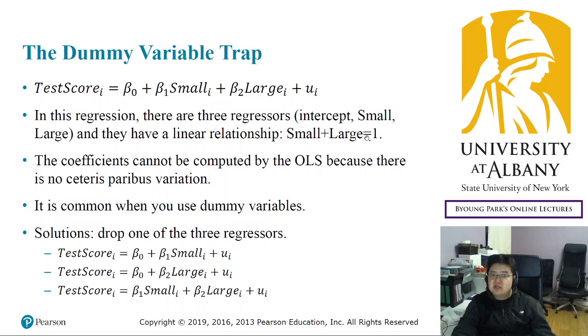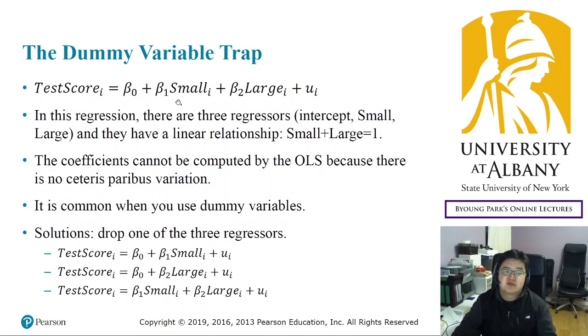So the intercept is also one of the reasons you have the trouble. And as I said, beta 0, beta 1, beta 2 cannot be computed by the OLS method because there is no variation you can utilize, no variation to estimate the ceteris paribus effect.